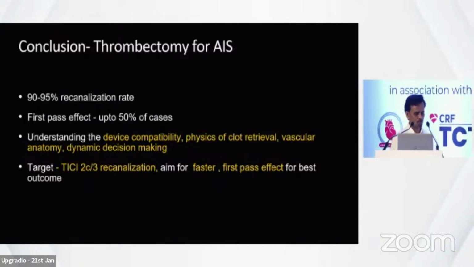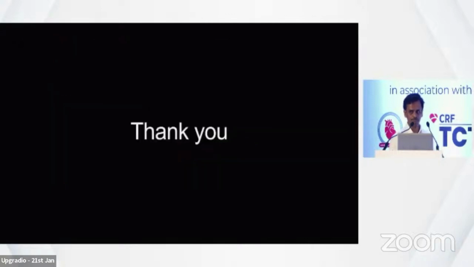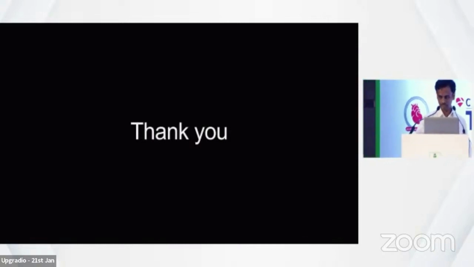So technical outcome wise, you should always try to achieve 2C by 3 recanalization, with faster and first pass effect, for the best clinical outcomes. Clinical outcomes are the ones we actually aim for rather than angiographic outcomes. So if you want to get that, you need to get these recanalization parameters.